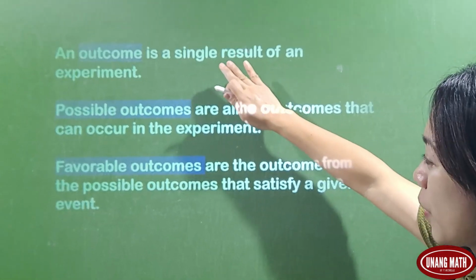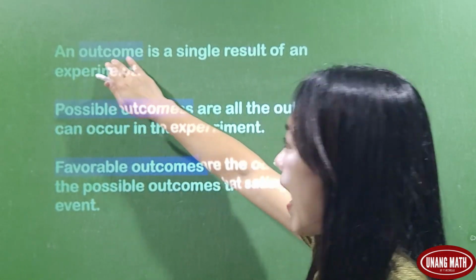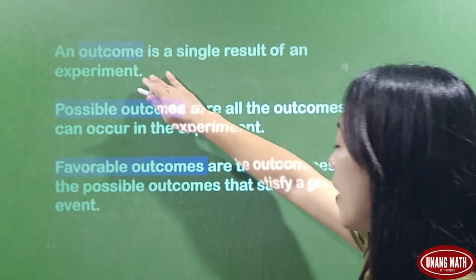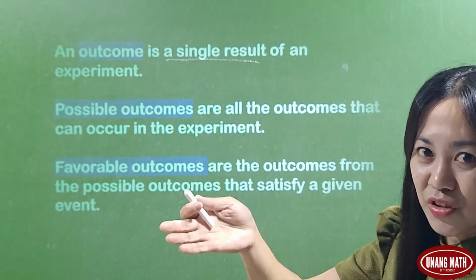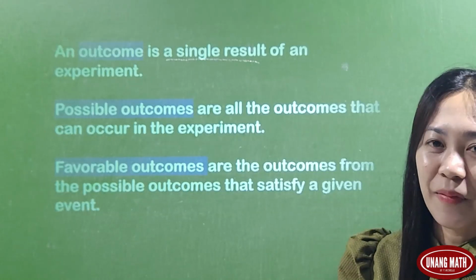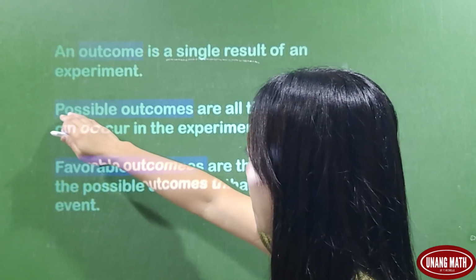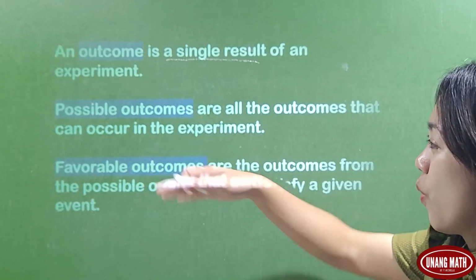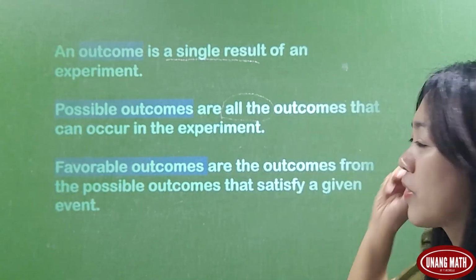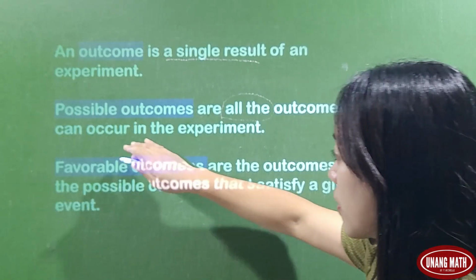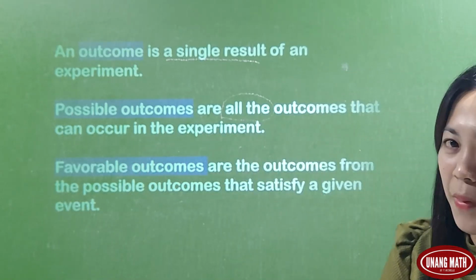The first term that we have here is outcome. When we say outcome, this is a single result of an experiment. We also have possible outcomes. When we say possible outcomes, these are all the outcomes that can occur in the experiment.